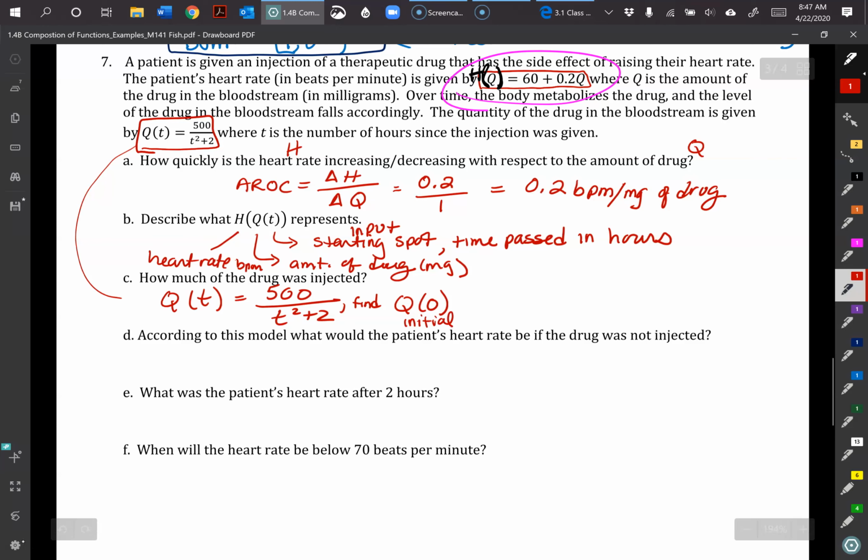So no time has passed. So that's actually a start time. And we would have 500 over 0 squared plus 2. So that's going to be 250 milligrams. And we want to say at initial injection.